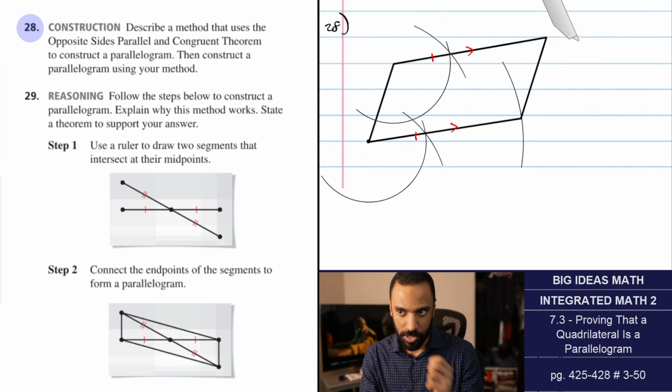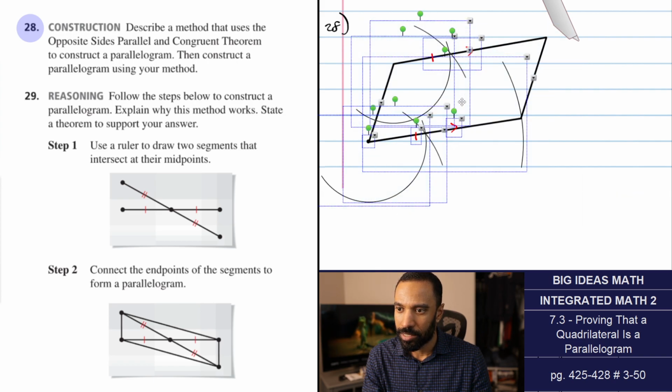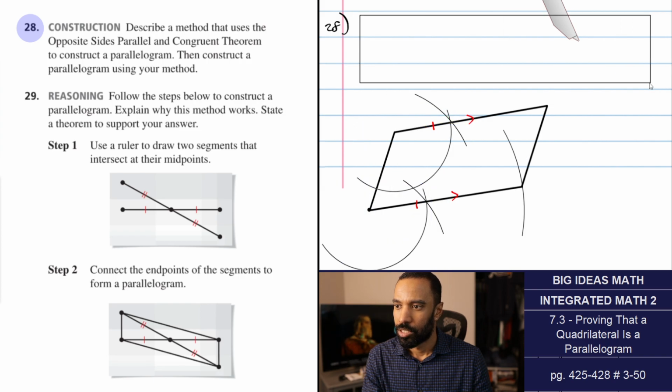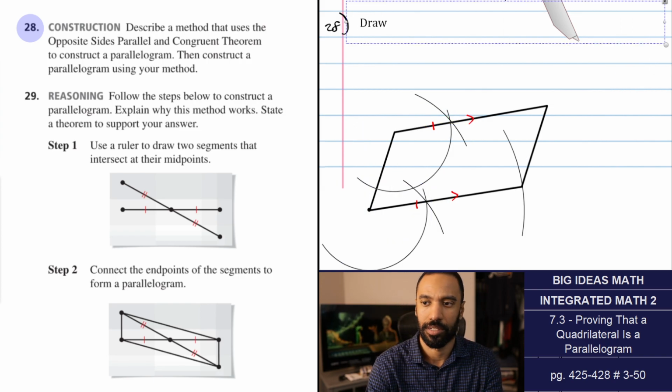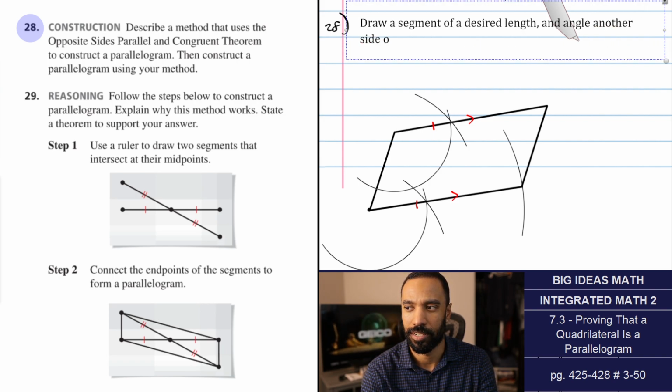But yeah, I drew a segment. Let me just lower this a little bit. Draw a segment of a desired length and angle another line or side off of it.